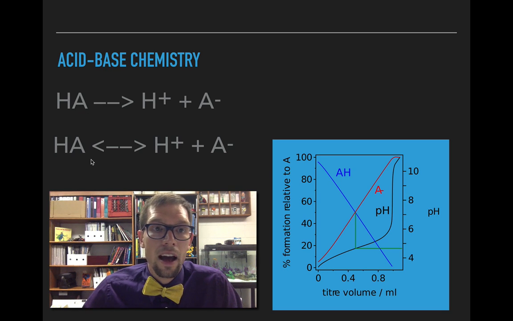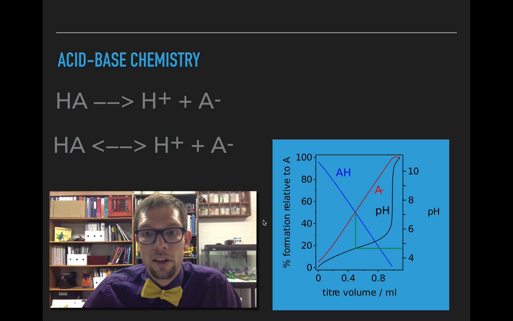A weak acid then is something that's not going to completely dissociate. So you're going to have some of this in solution, but some of it is going to protonate and form this solution. So you can see that here, if you would have a strong acid, you would have more of a 1-to-1 formation being formed.